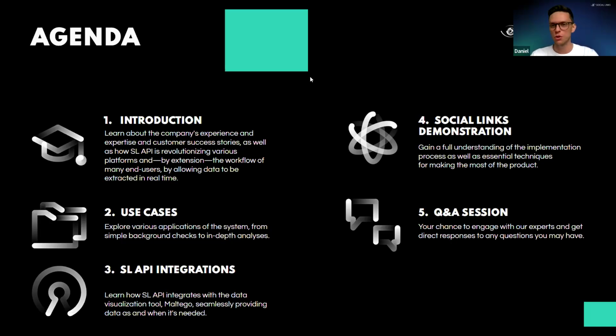And for the Social Links demonstration, I prepared a case to show what we can do in terms of process automation. Raw data is pretty good, but what I see on the market is that the request is a bit different at the moment. Five years ago, it was just about the data.